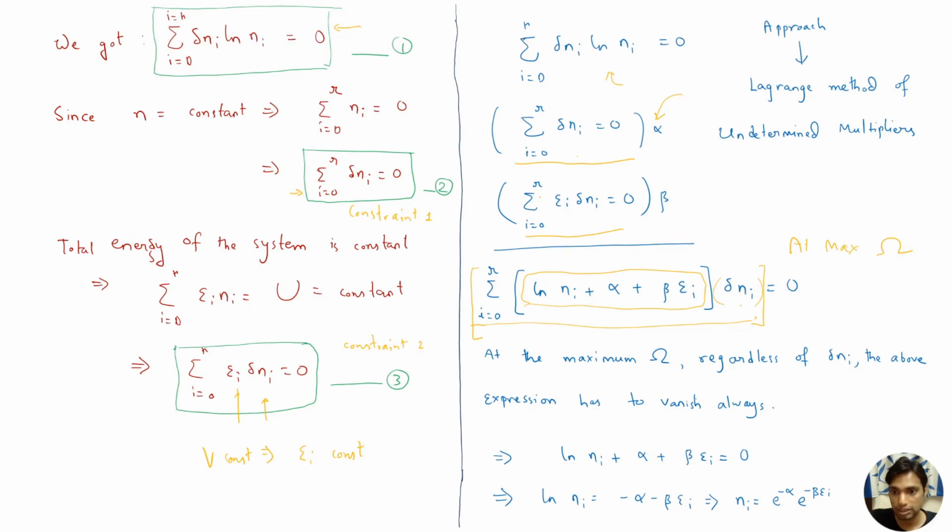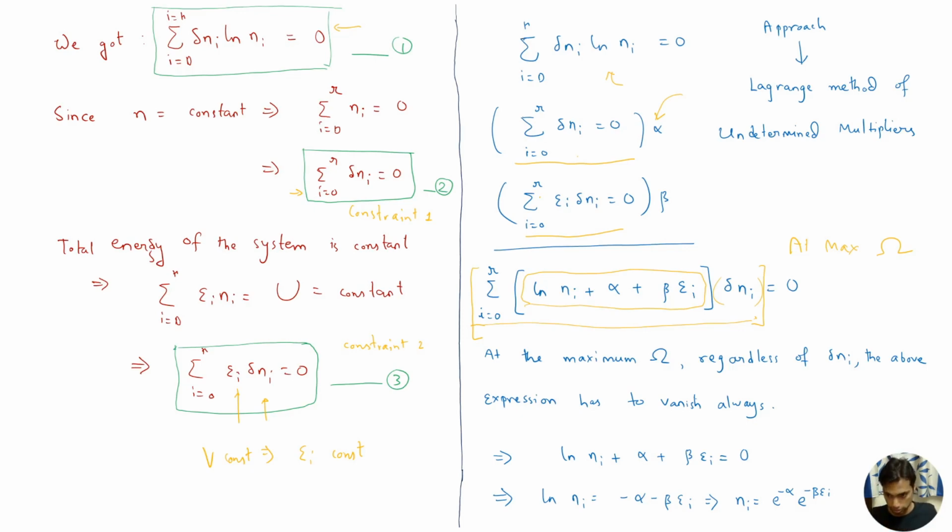This is based on two constants, right? Based on that, we are getting the Lagrange equation. Yes, the Lagrange equation is coming from the two constants. There are two constants, and corresponding to that there are two Lagrange multipliers.